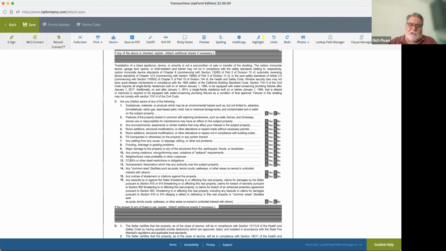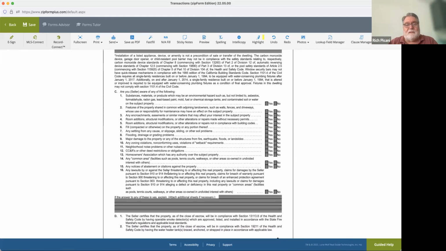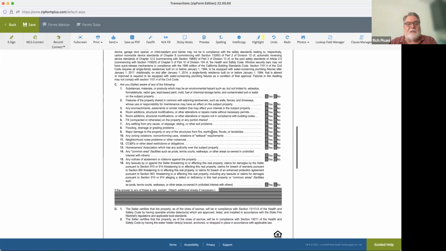One of the major questions is, is it a meth house? I believe it is on here, about being a meth house. Also, room additions, any alterations, they need to disclose that.